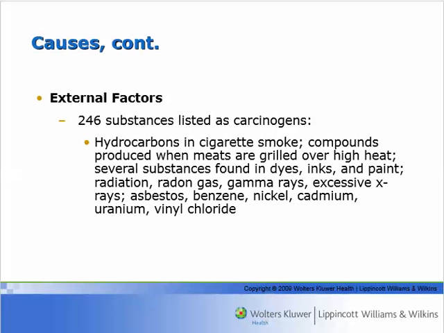There are all kinds of external, exogenous factors. Most of them we call carcinogens. Carcinogens can be various hydrocarbons. It can be all kinds of different things: dyes, gases, nickel, cadmium, asbestos, all kinds of things like that.